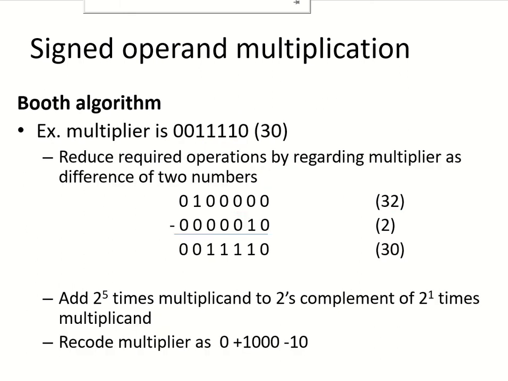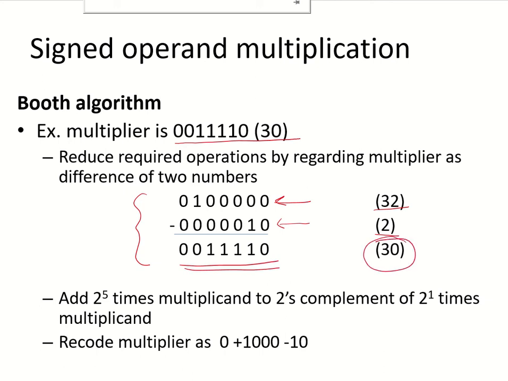Also, we have to check every time whether the multiplier is positive or negative. So Booth's algorithm says that the multiplier can be recoded and it can be represented as a difference of two numbers. So suppose if the multiplier is 30, we can represent 30 as 32 minus 2. So this is the representation of 32, this is the representation of 2, and this would give us 30. 32 minus 2 gives us 30.